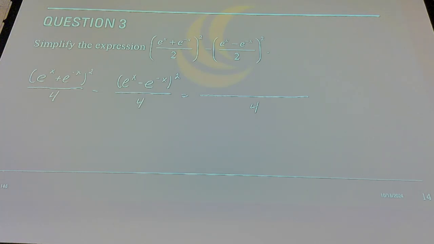Right, so a squared minus b squared is a plus b times a minus b. So that's actually what I'm going to do. Here's our a, here's our b. So what would a plus b be?